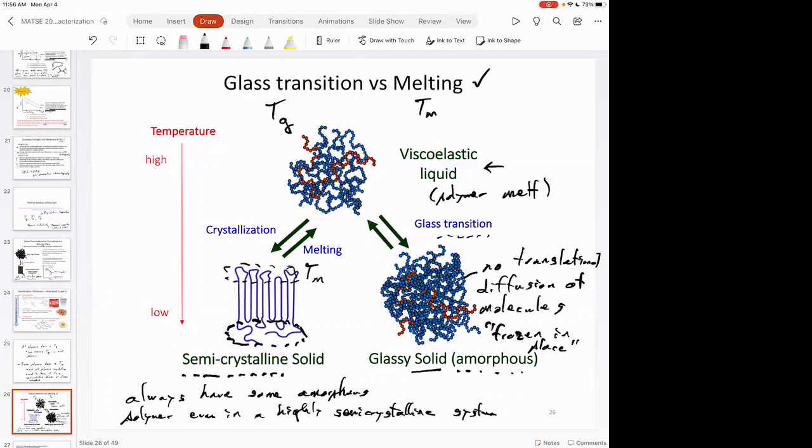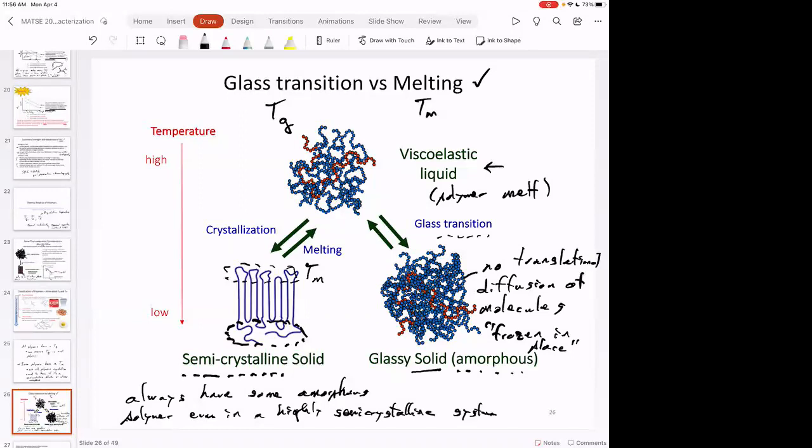They are not crystallized because they're not in a crystal, but they're frozen in place because the temperature is so low they don't have any thermal diffusion. That's the only difference between the order of this melt where the chains can slide past one another, right? The liquid can flow, and in a glass, the chains can't slide past one another, at least on any reasonable time scale. And so that's defined by this glass transition TG.